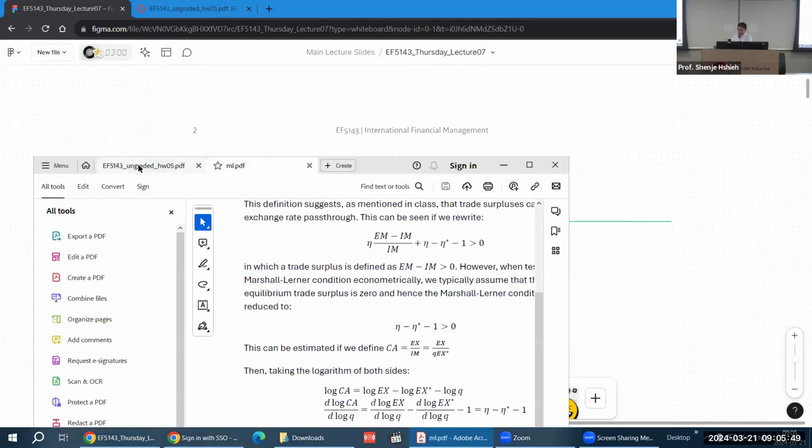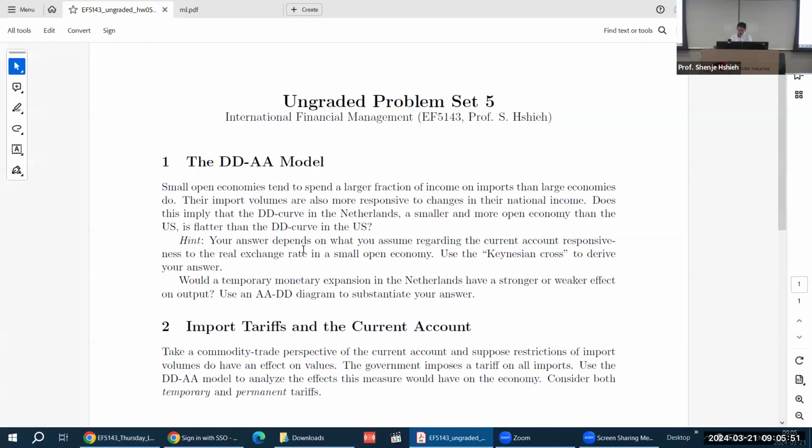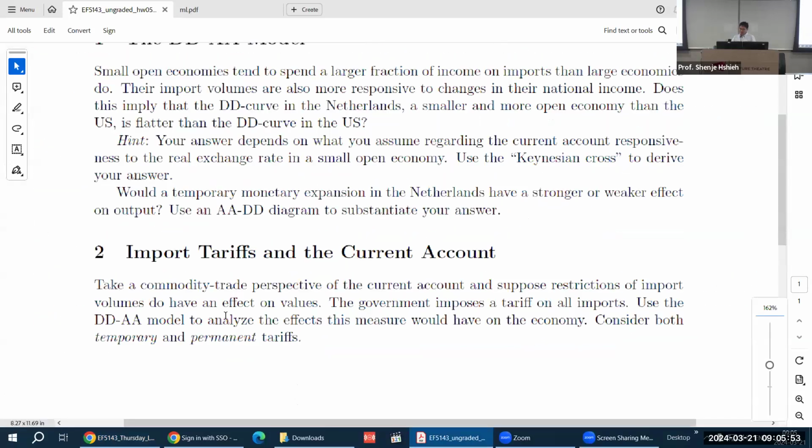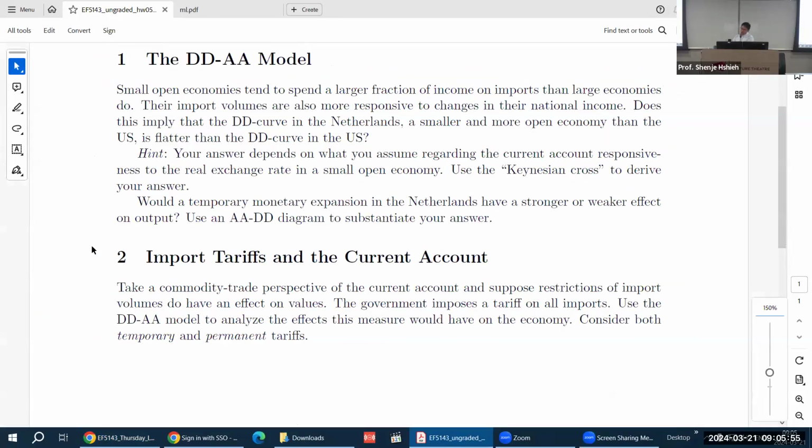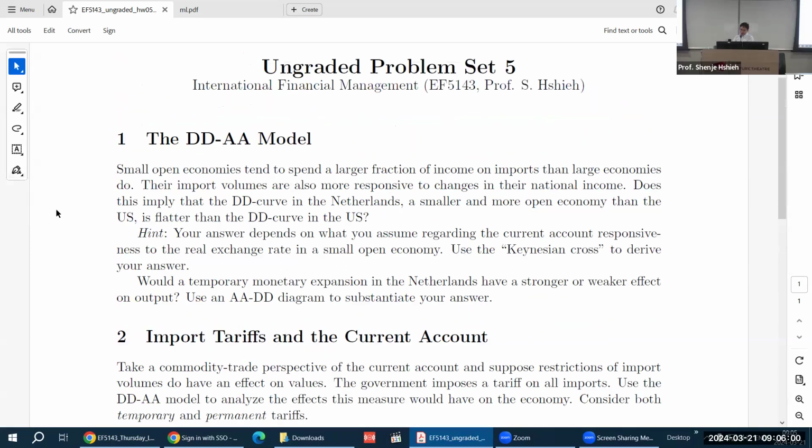This week's problem set has 2 questions. The second question I think you could have answered without going too much into this week's slides, but for question 1, you needed to dig into the appendix a little bit more to fully answer the question. Let me read the question. This is an exercise of shifting the AA-DD schedule model.